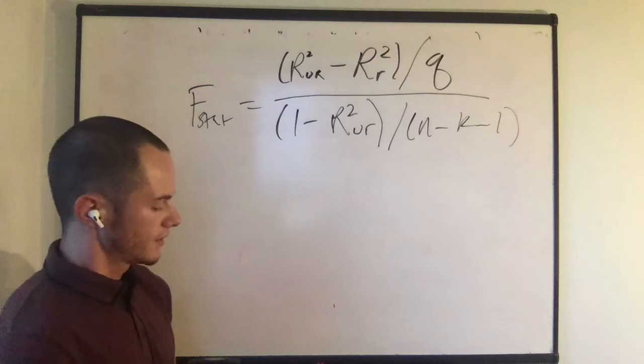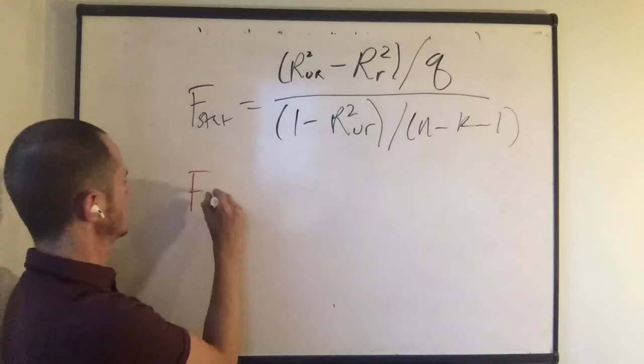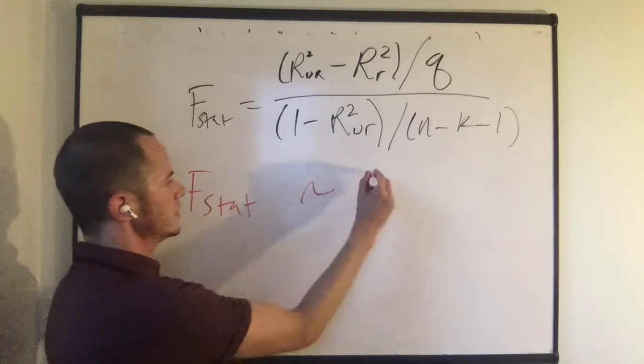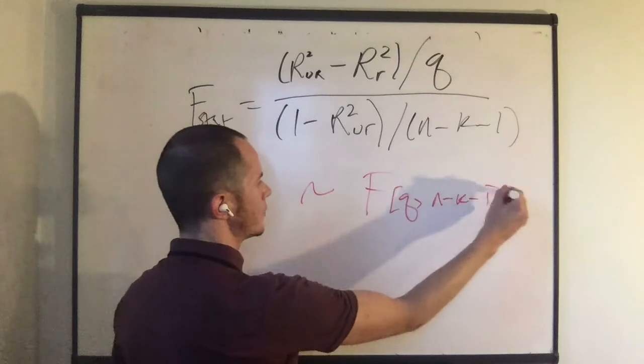And this F statistic, let's make sure that we write this down. It is distributed F with Q and N minus K minus 1 degrees of freedom.